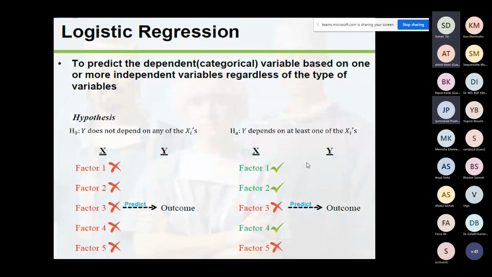So how do you write the hypothesis? To predict the dependent variable based on one or more independent variables, depending upon the type of the variables, we can write the hypothesis for logistic regression.